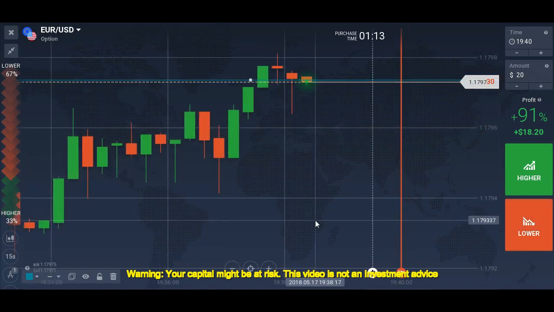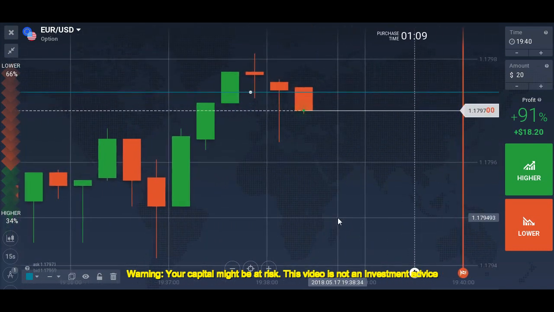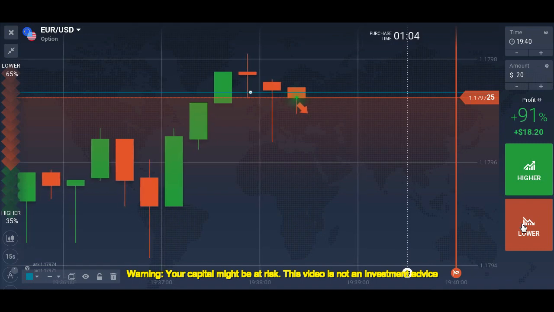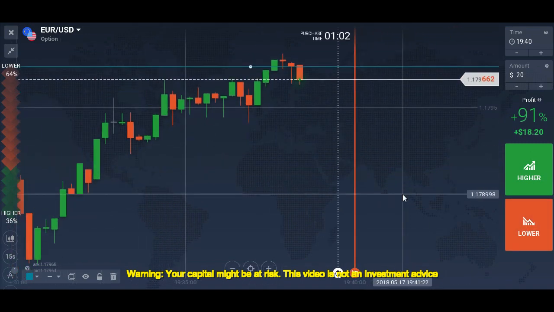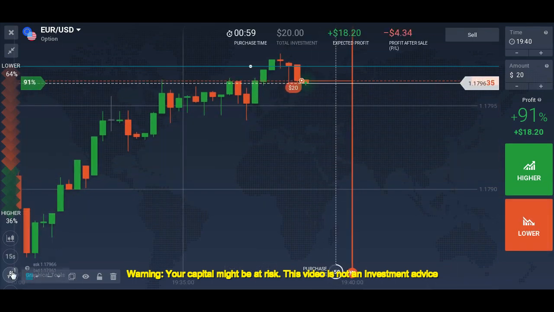It is a kind of confirmation, but I wanted to make sure, so we'll wait for a good red candle here. Okay, this is a confirmation. I placed my trade here as well.